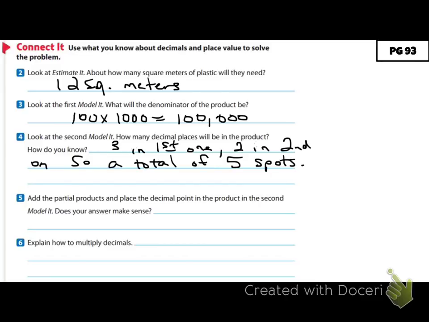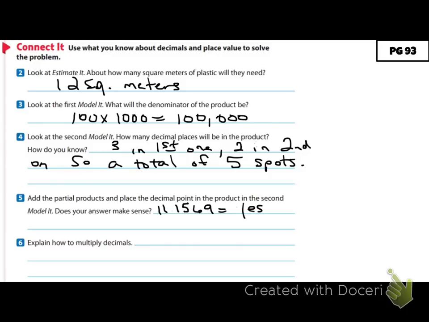Add the partial products and place the decimal point in the product in the second model. Does your answer make sense? If you just simply multiply those together, you're going to get 11.1569. And is that close to our estimate? And it is.